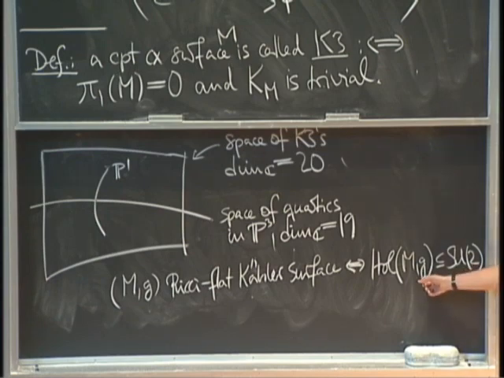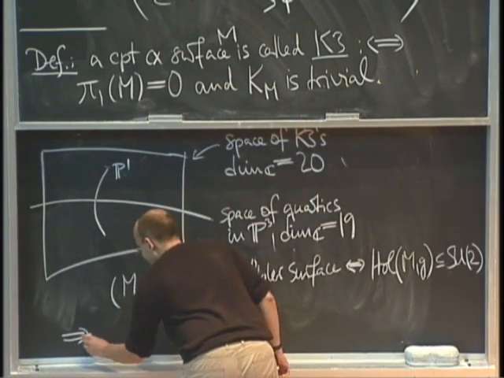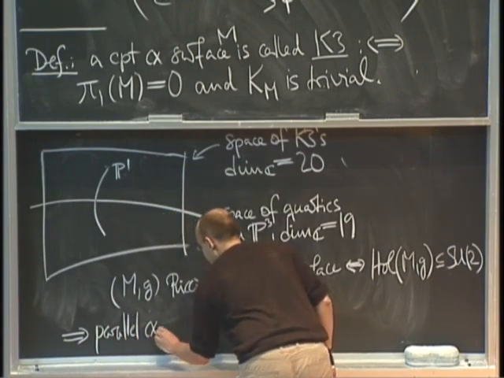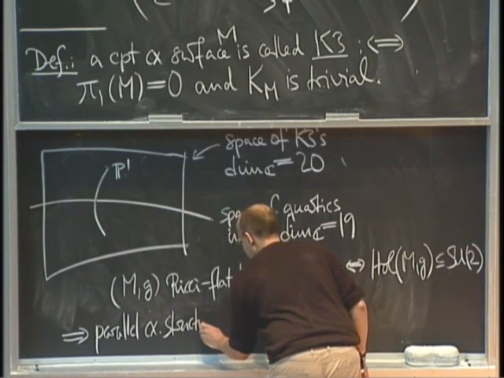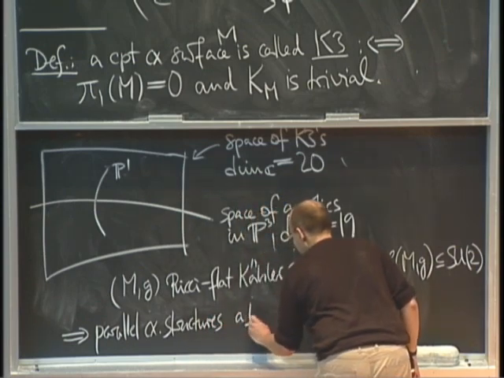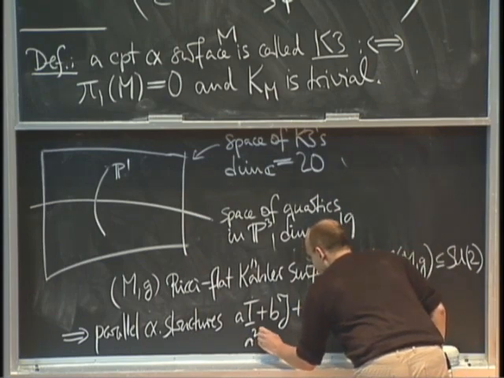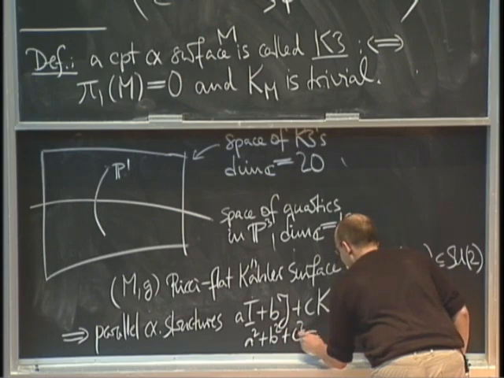And if the holonomy group of a manifold lies in there, then by the holonomy principle, each imaginary quaternion extends to a parallel complex structure on my manifold. So this means that I actually get parallel complex structures of the form A times I plus B times J plus C times K, where A squared plus B squared plus C squared equals 1.